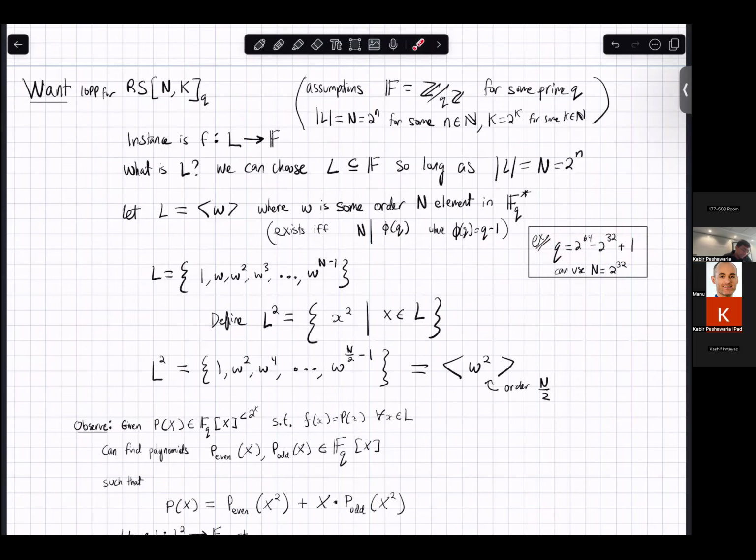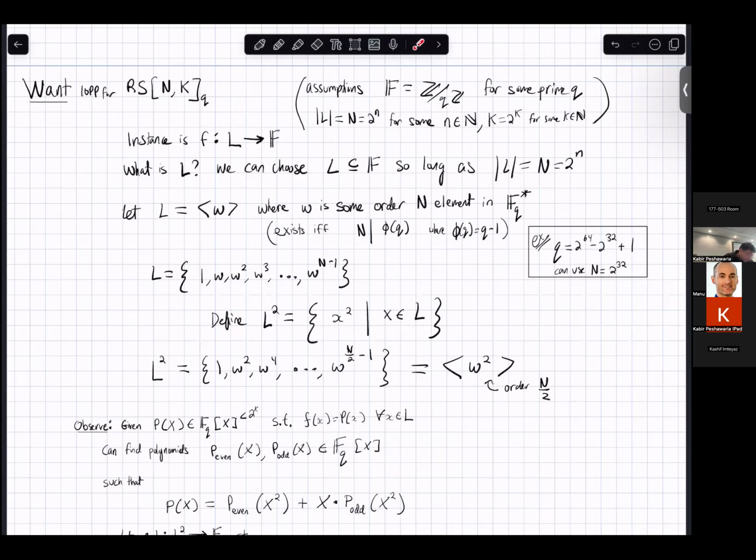So we can do this FRI test for Reed-Solomon codes where capital N is 2 to the 32, which is really cool.